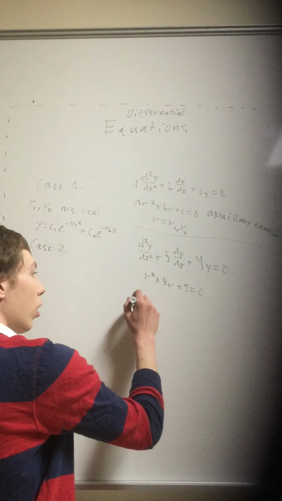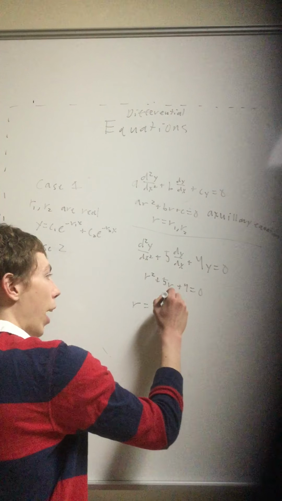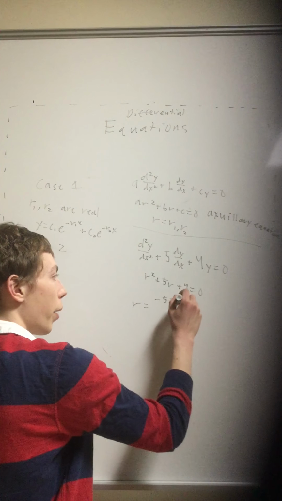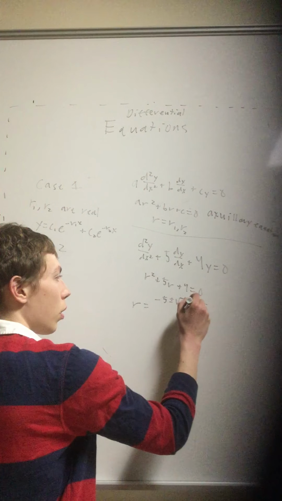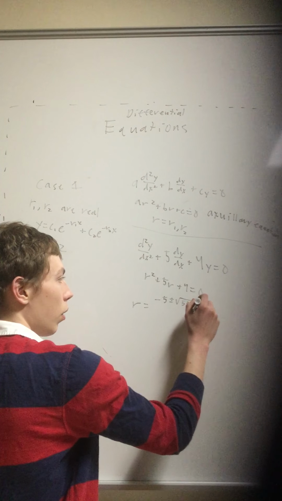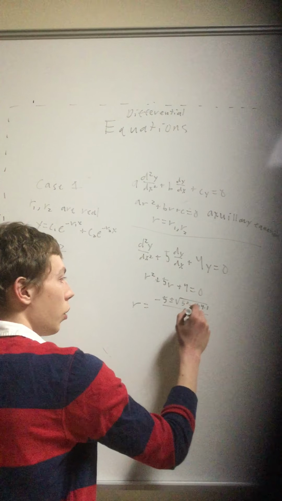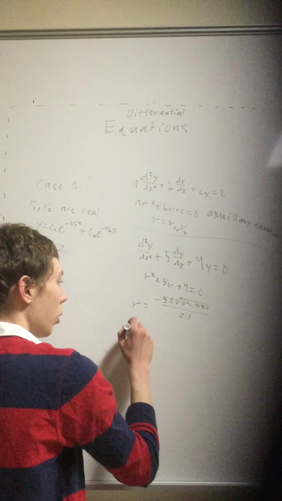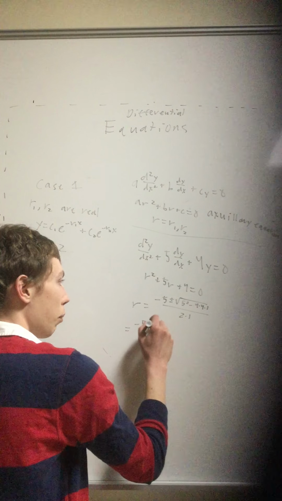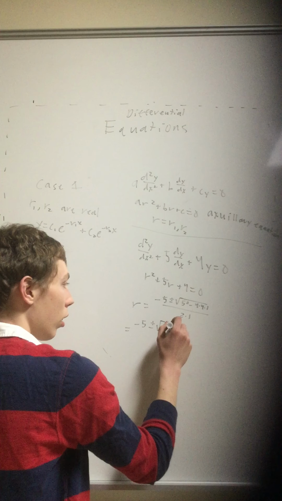You have r is equal to negative 5 plus or minus the square root of 5 squared minus 4ac, all over 2a, which is equal to negative 5 plus or minus 25 minus 16 is 9.